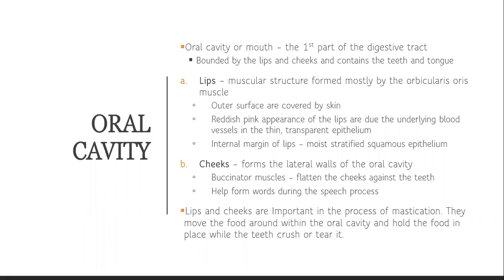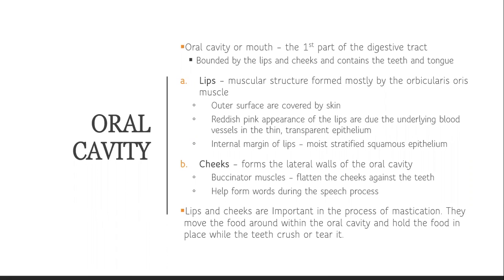Oral cavity, or mouth. It is the first part of our digestive tract. It is bounded by the lips and cheeks and contains the teeth and our tongue. Our lips are a muscular structure formed mostly by the orbicularis oris muscle.